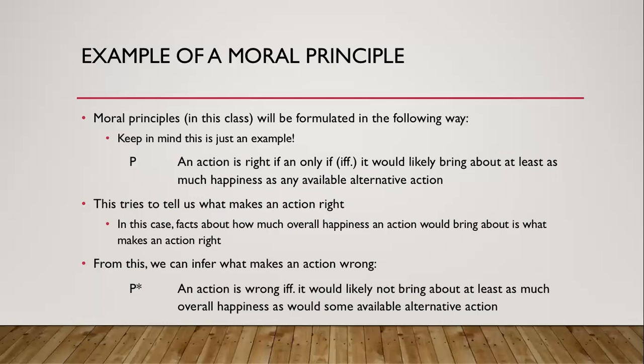So this principle attempts to tell us what makes an action right. In this case, facts about how much overall happiness an action will bring about is what makes an action right. So let's say you have two potential actions. Let's say you went to Baskin Robbins and you get a free ice cream cone, other than the one that you bought, and they're like, "Hey, you can have another one."